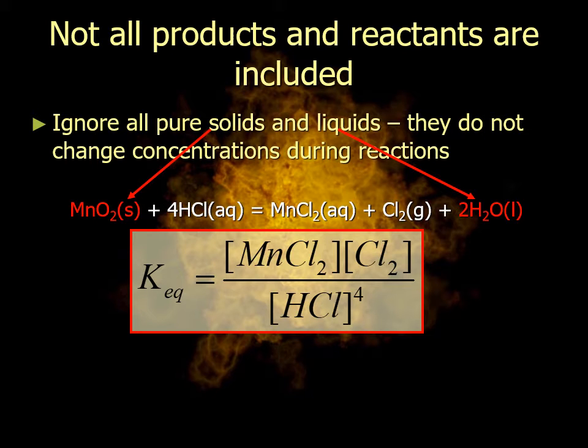So just to emphasize, leave out the S's and the L's. And again, the coefficient of 4 means that the molarity of HCl is raised to the power 4. So that's basically the essence of how to write a K.